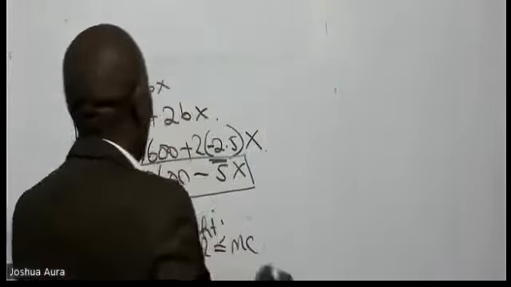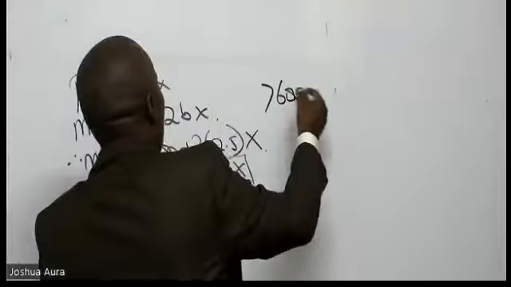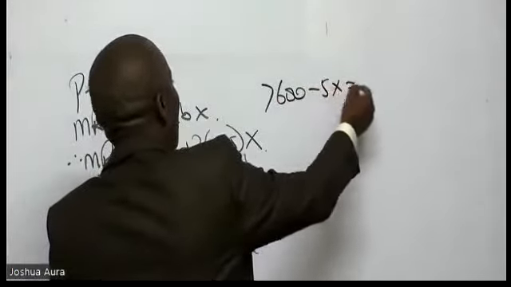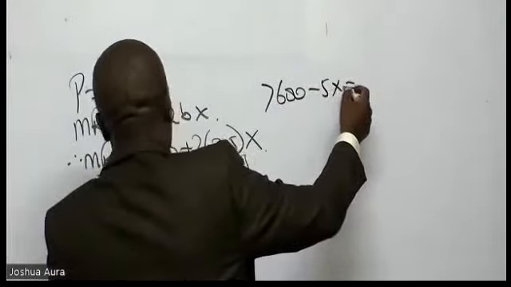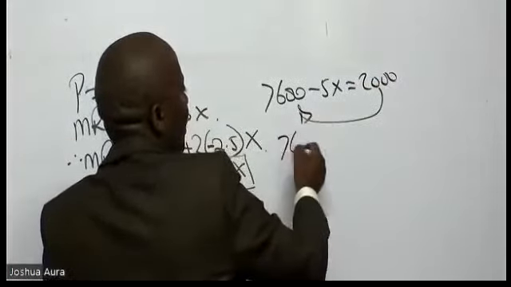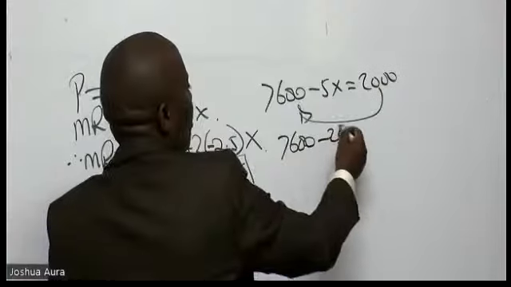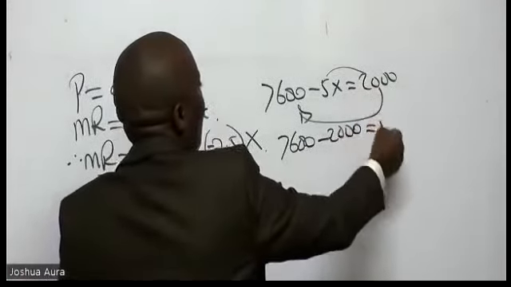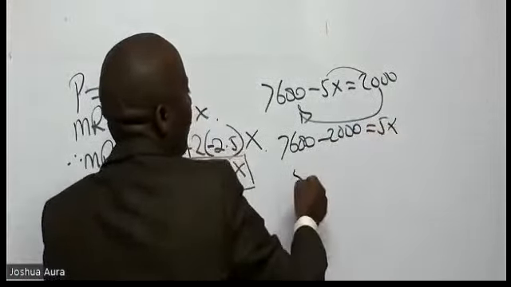And marginal revenue now is 7,600 minus 5X, which should be equal to marginal cost of 2,000. So bring this here: 7,600 minus 2,000 equals 5X. So this will be 5,600 equals 5X.